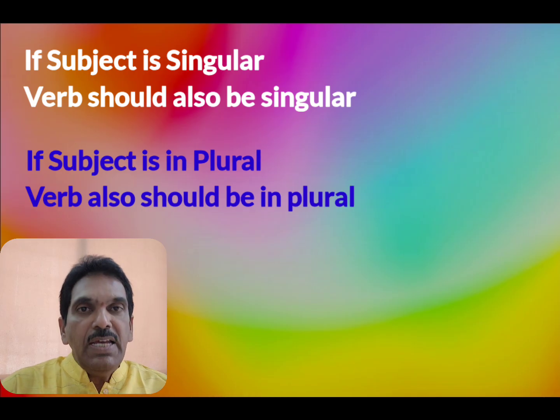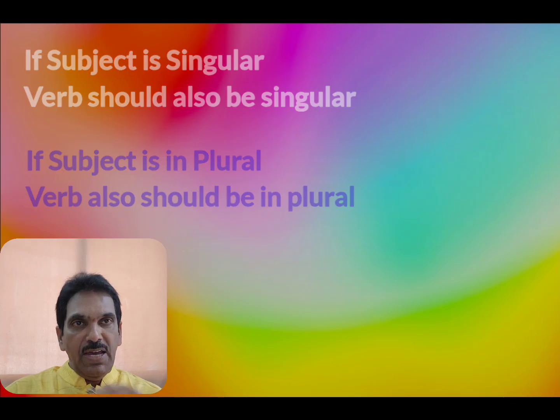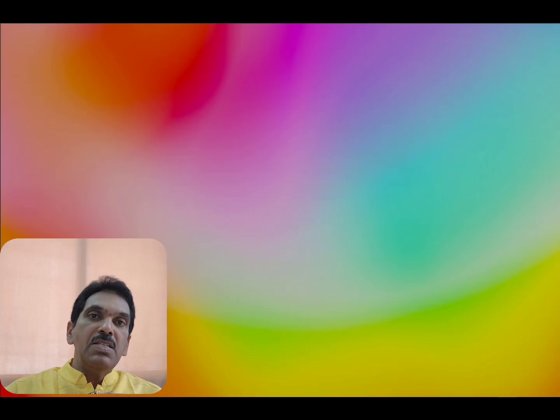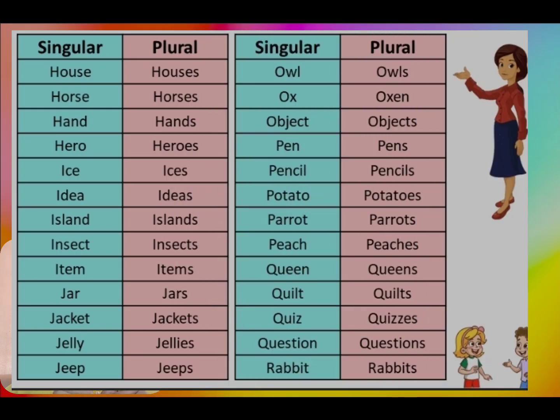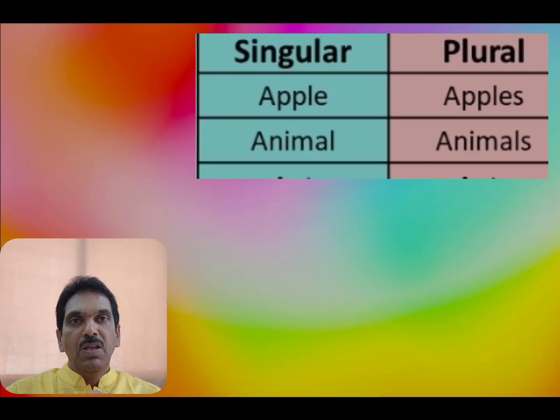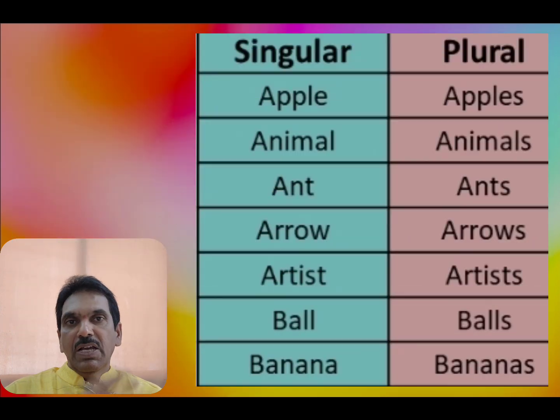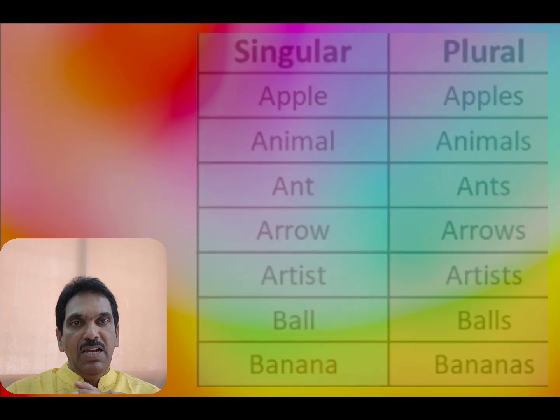Now the question arises, how do we identify singular and plural? As far as nouns, the subjects usually are concerned, when you put an S or IES, it becomes plural, right? We have been learning from our childhood like flower, flowers, pen, pens, pencil, pencils, etc.